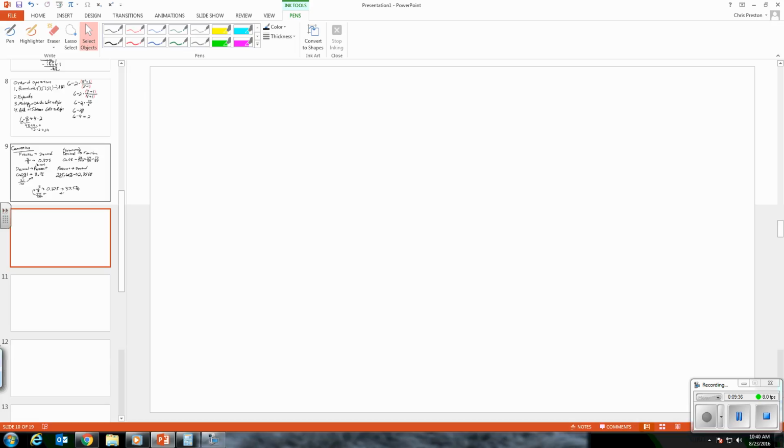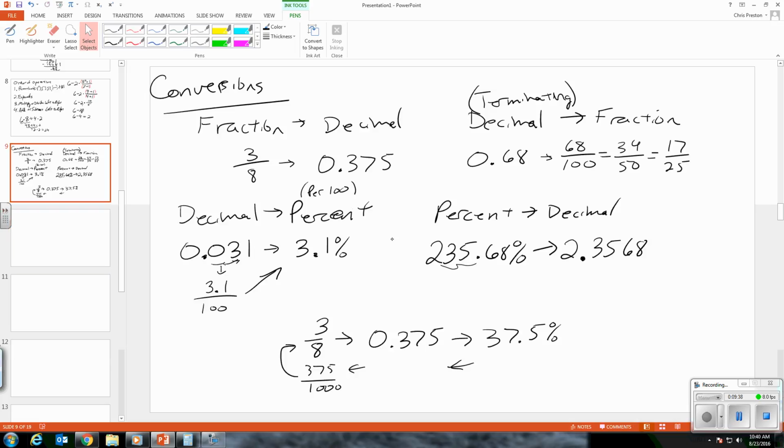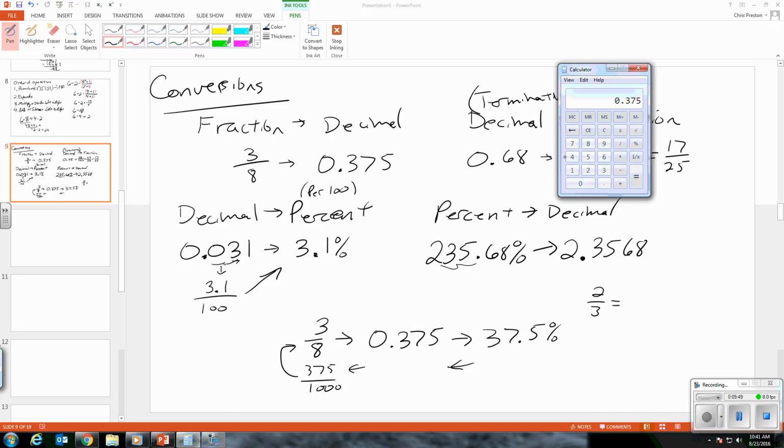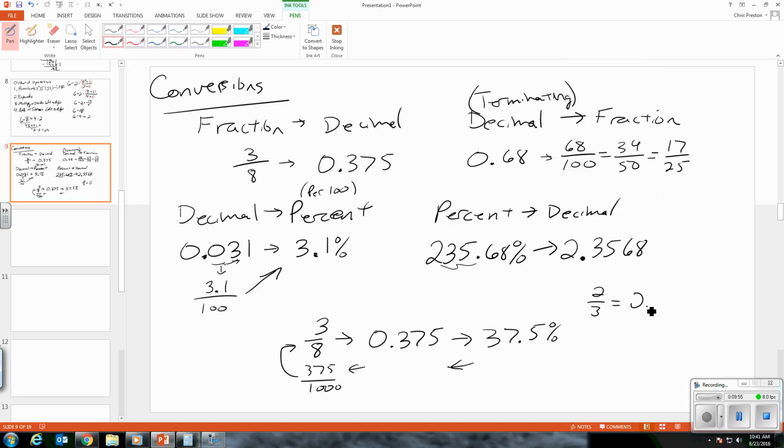I guess before I move on there, I might want to mention, let's say you had 2/3. So I want to write that as a percent. So 2 divided by 3 gives me 0.6 repeating forever.